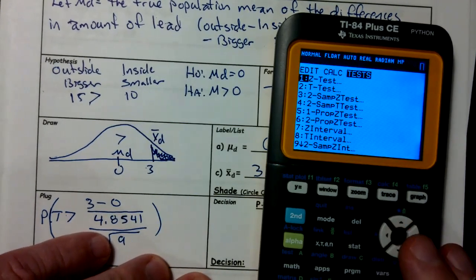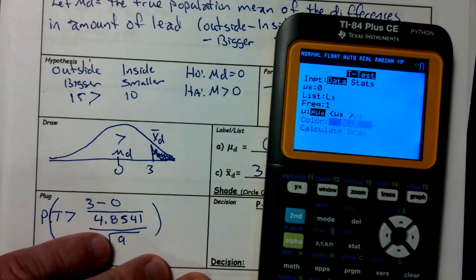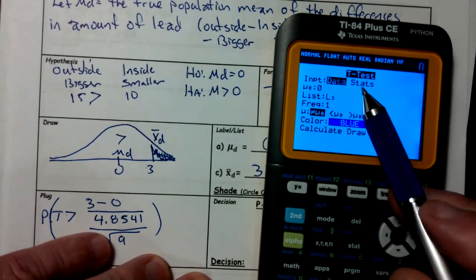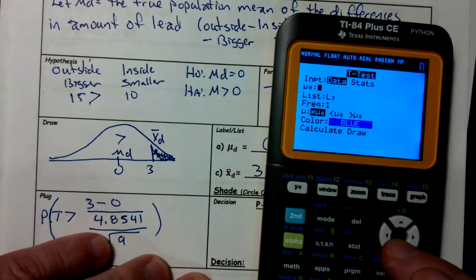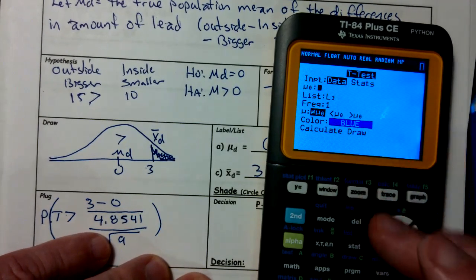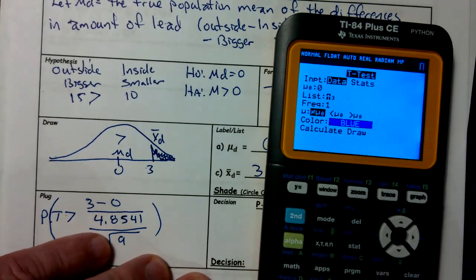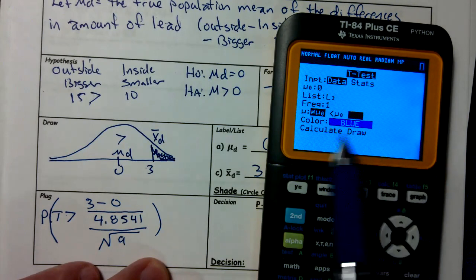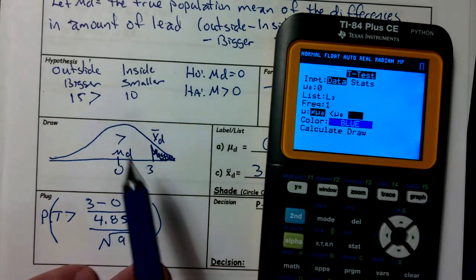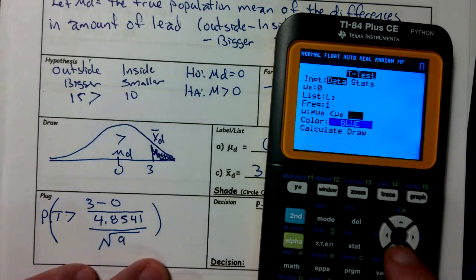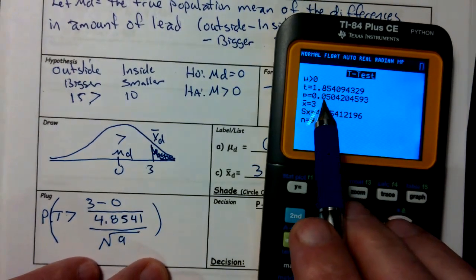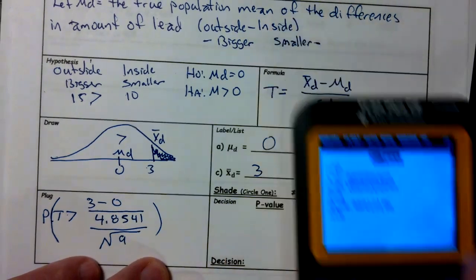Stat test t-test. We need to have data highlighted. Our mean is 0. Our list is L3, so the blue button followed by the number 3. We need to make sure that we have the greater than symbol because that's what we have for our hypothesis. And we're going to ask it to calculate it. And we get a t-value of 1.8540.